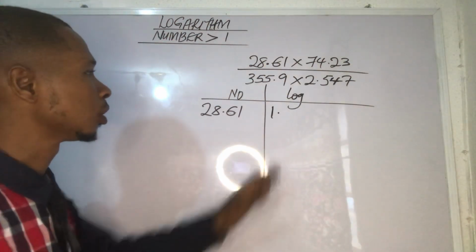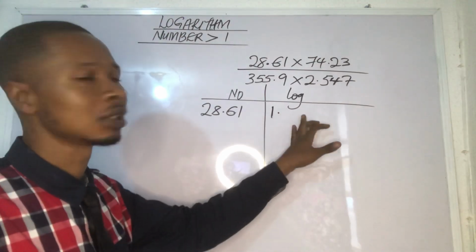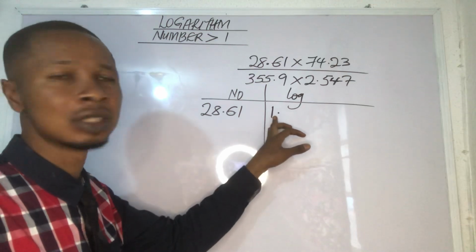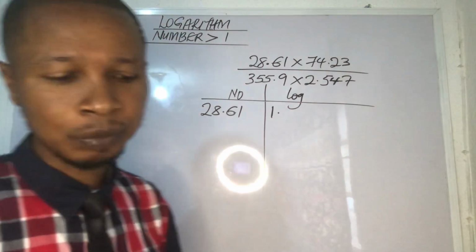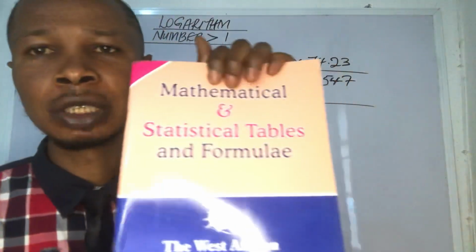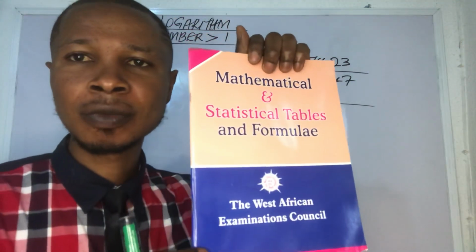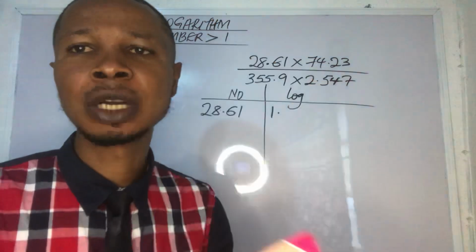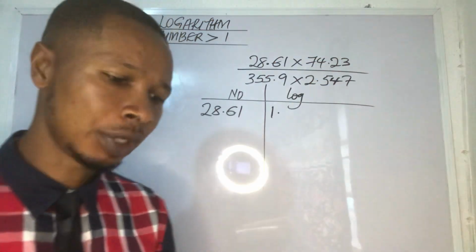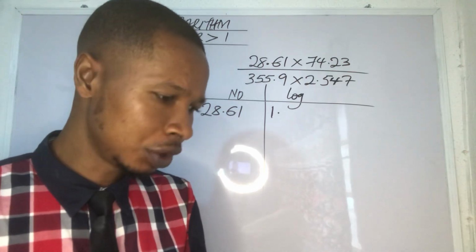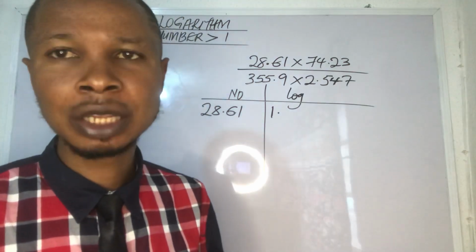Now, to get the other part, which is called the mantissa, you need to get it from your logarithm table. This is a typical logarithm table, the WAEC provided logarithm table. How do you use it? You go to the page of logarithm on this book, which is page 2 and 3.